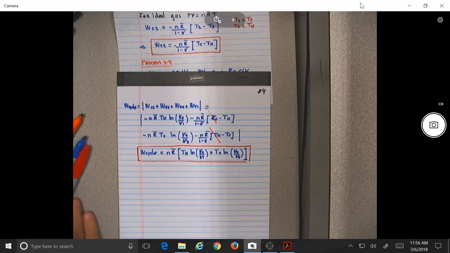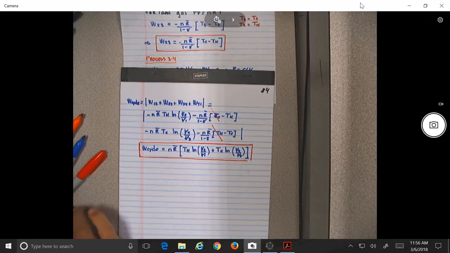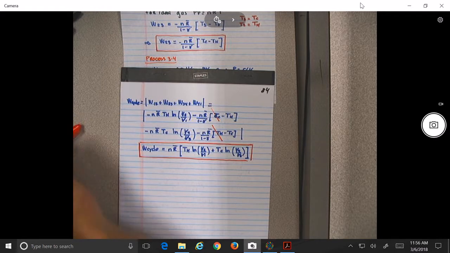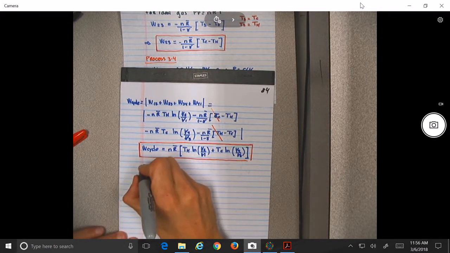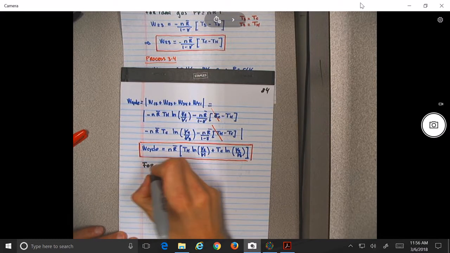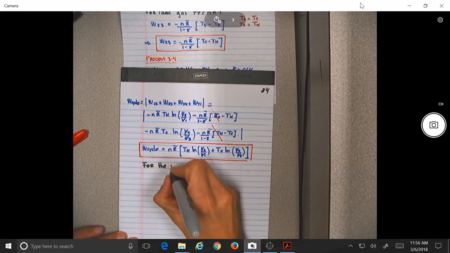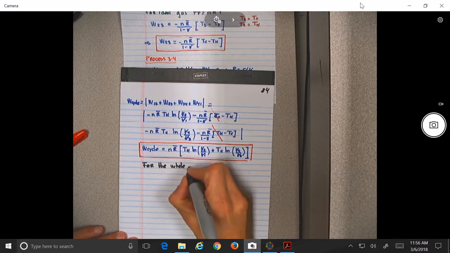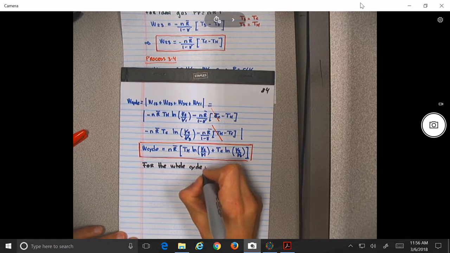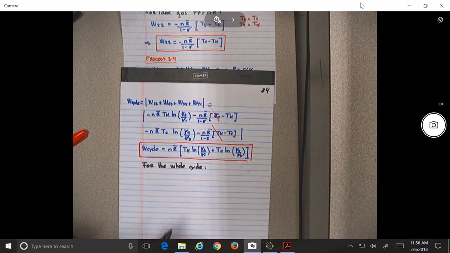Okay, so this is the part which is sometimes a bit confusing. All right. So for the whole cycle, what do you know?